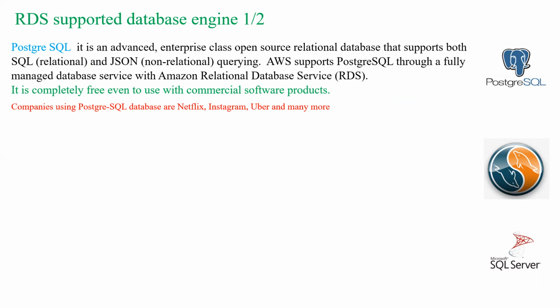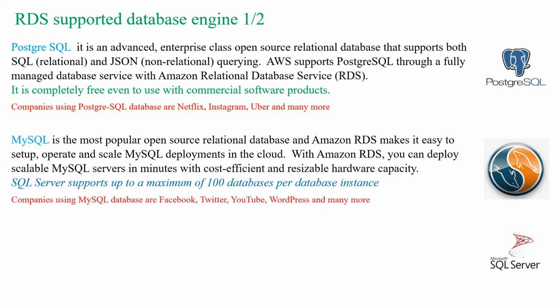If you wish, you can download PostgreSQL, set up the database, and start using it for your business or commercial purposes. There is no charge, just like the Linux operating system. Some of the popular companies using PostgreSQL are Netflix, Instagram, Uber, and many more Fortune 500 companies. So we can host a PostgreSQL server on Amazon. From the front-end tool, Amazon Relational Database Service, we can connect and start using the database.